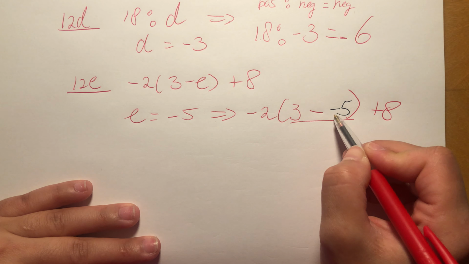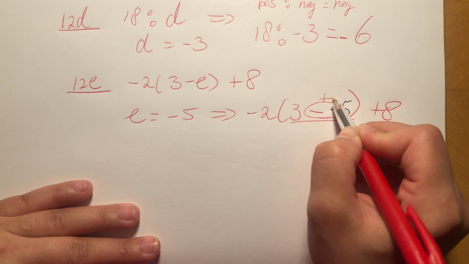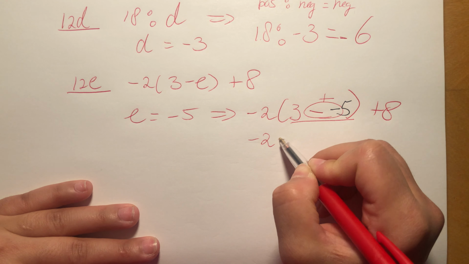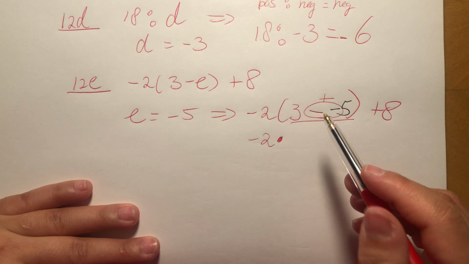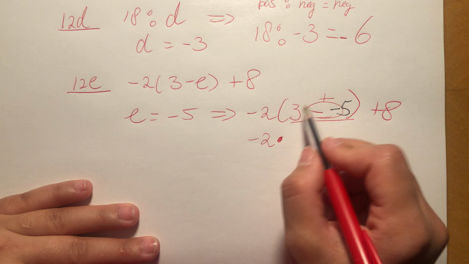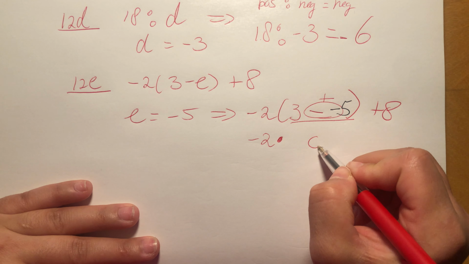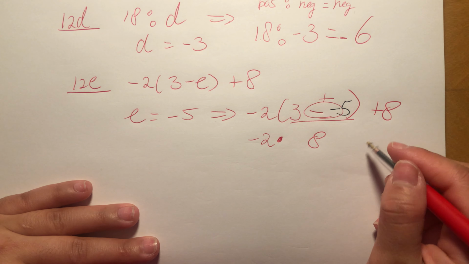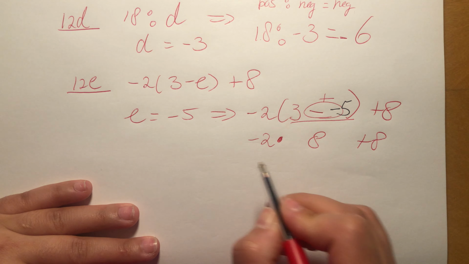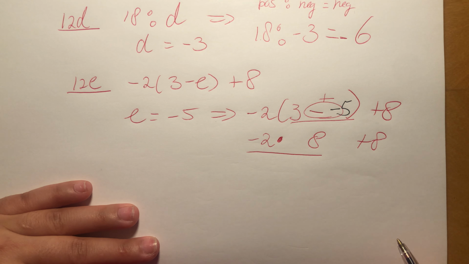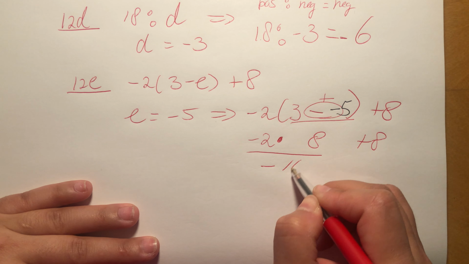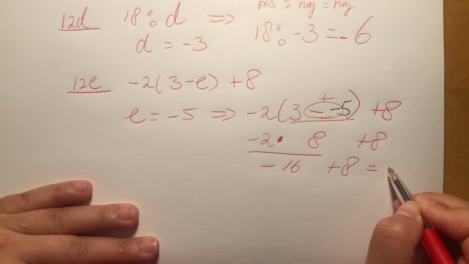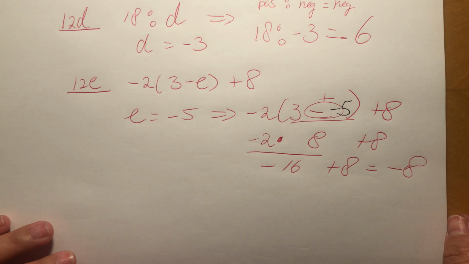Between brackets first: minus minus becomes plus. So we get negative 2. Hey, remember, multiplication sign is there. 3 plus 5 is 8. Brackets, you don't need to write them because you solved everything in between. Plus the 8 over here. This part will become negative 16 plus 8, it will stay negative. You get negative 8.